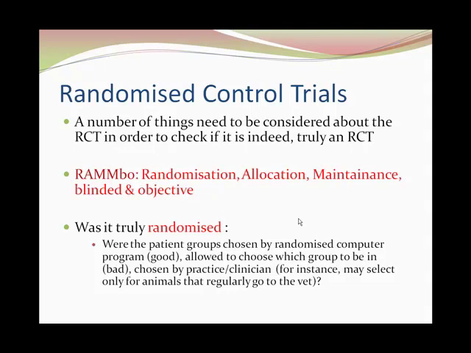It's not, however, randomized if they're all of the, say, cats with renal failure that go into vet practices, because you're still selecting the group of patients. They're the group of patients that go to vets. It's not representative of all the cats in the UK that have renal failure. So that's what randomized means.